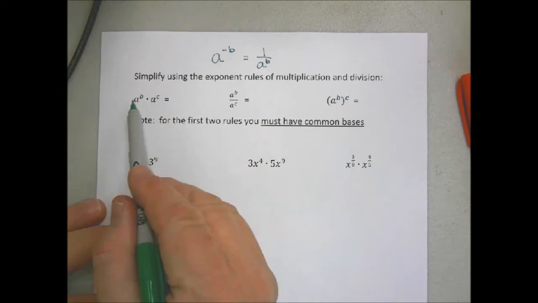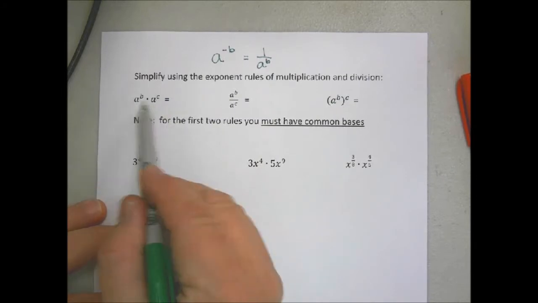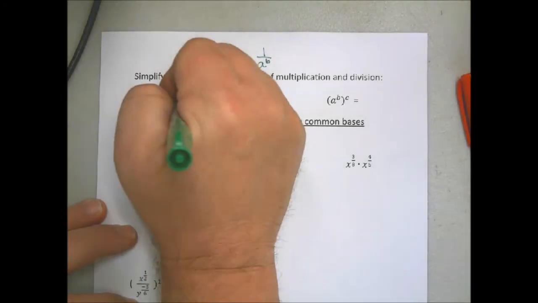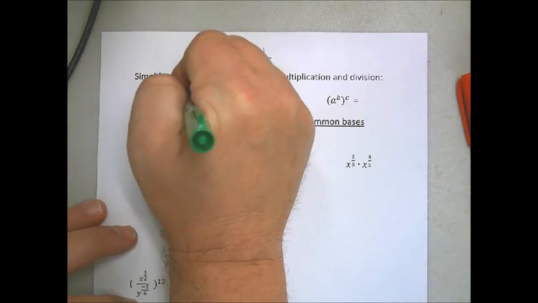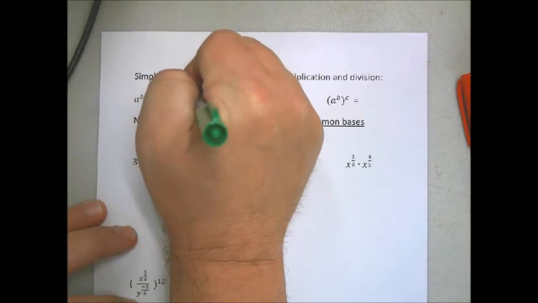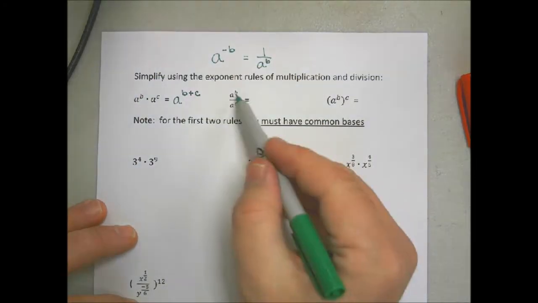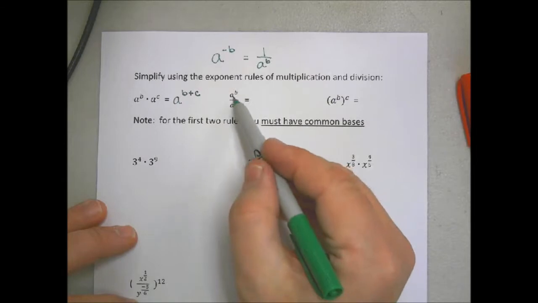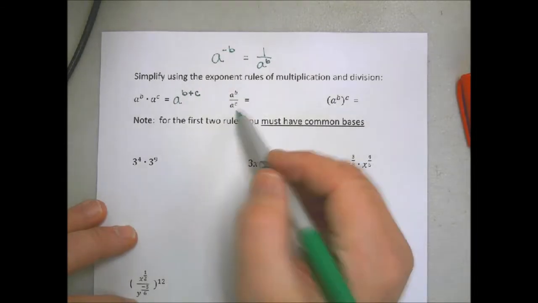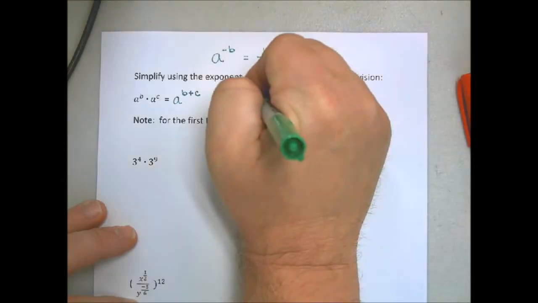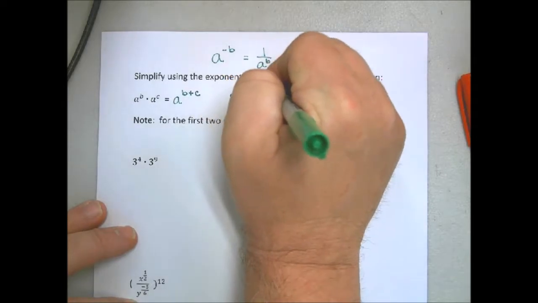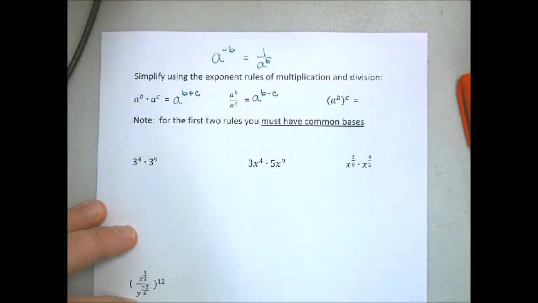When you multiply two things that have the same base, you add the exponents. So this would be a raised to the b plus c power. When you divide two exponential terms that have the same base, you subtract the exponents. So this would be a raised to the b minus c power.